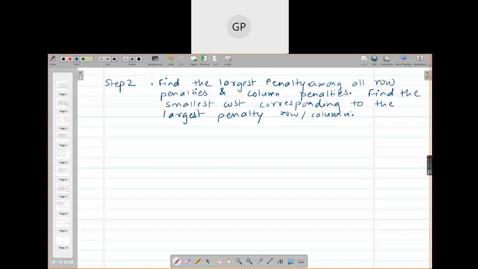So you have to go to that row or column where there is the largest penalty, and from that row or column you find the smallest cost.